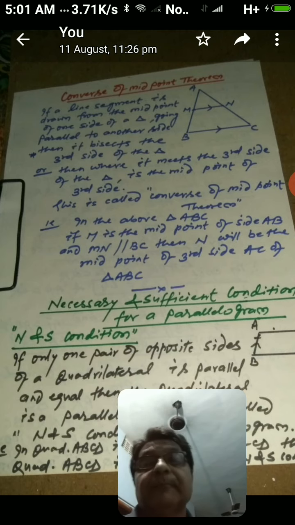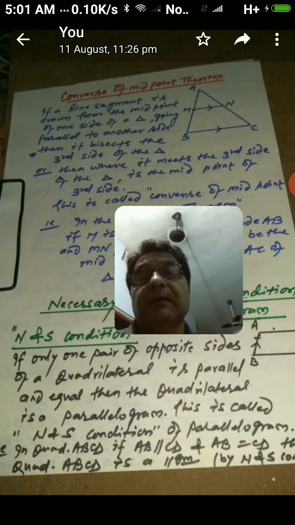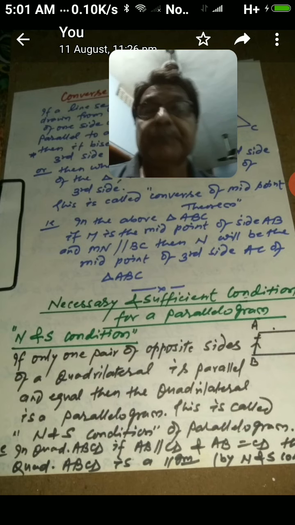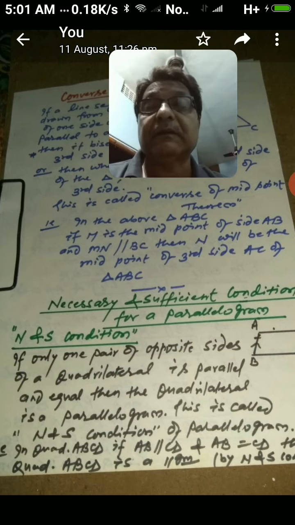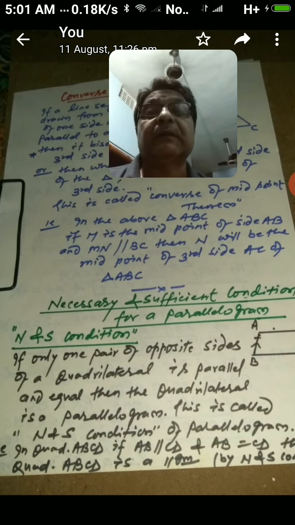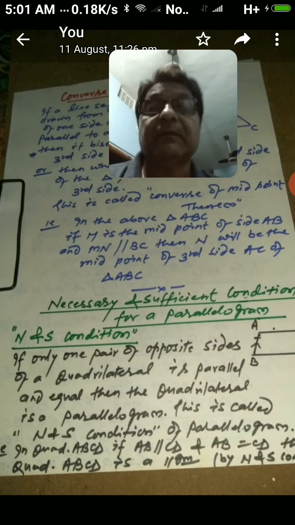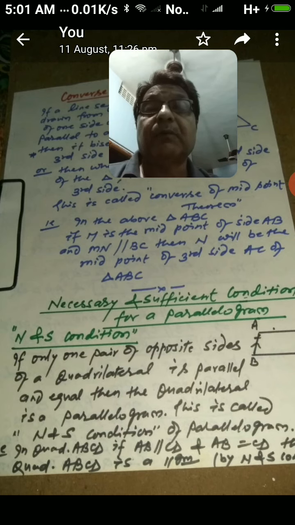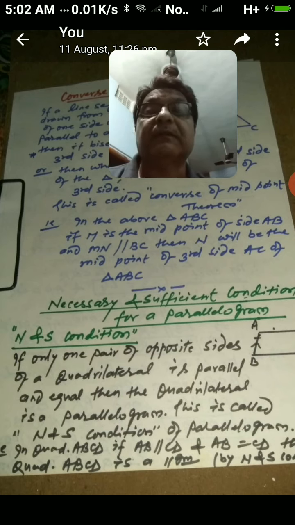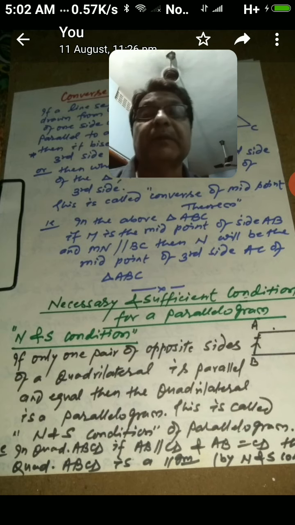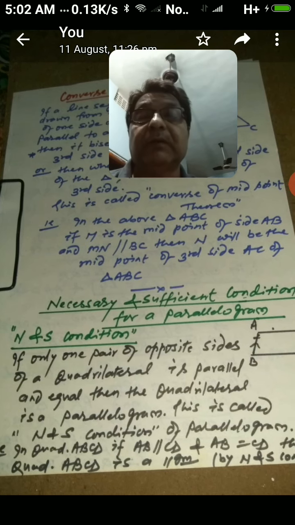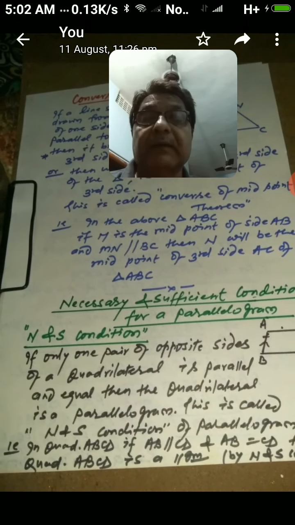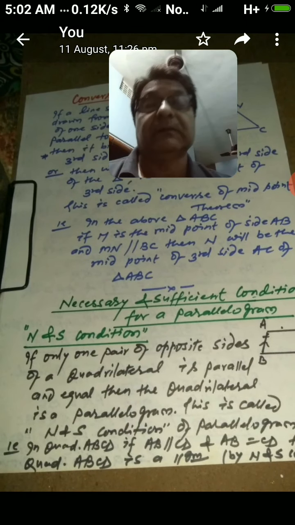Now, students, there is one concept which we have already discussed, called the necessary and sufficient condition for a parallelogram. That rule we have already discussed in part 2, but since it is written here, let us explain once more what the N and S condition is.